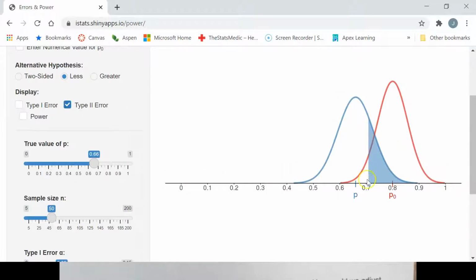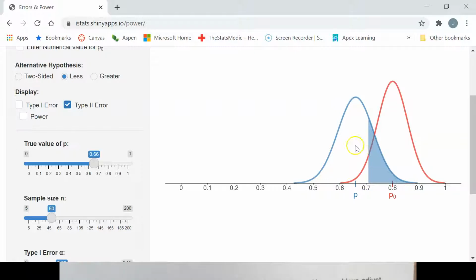So this blue area right here, this is the overlap. This is the probability of a type 2 error, because right here at this line, to the left, that is the area we got from our alpha. That's actually your 5% area, the probability of a type 1 error right there.